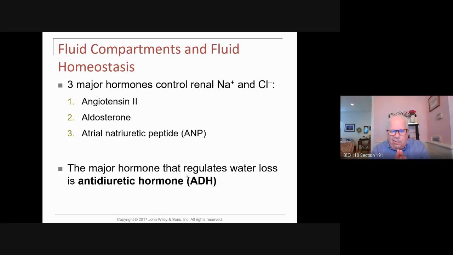But this hormone will lower your blood pressure. It causes vasodilatation. And when you vasodilate your arteries, you drop your blood pressure. Okay? So no angiotensin II, no aldosterone, no ANP, and no ADH.